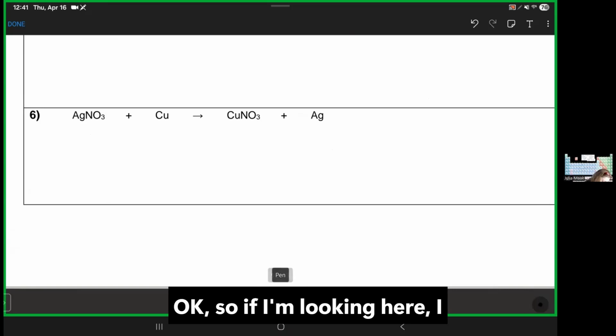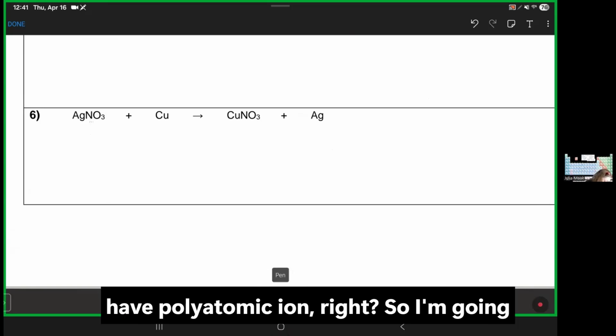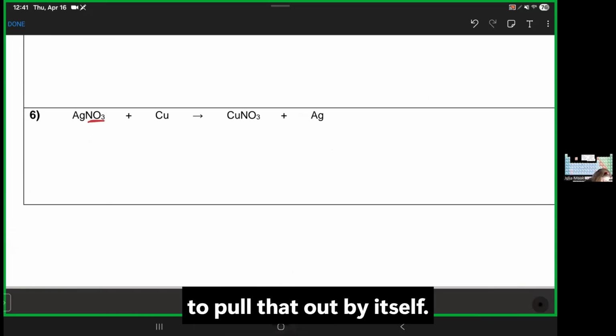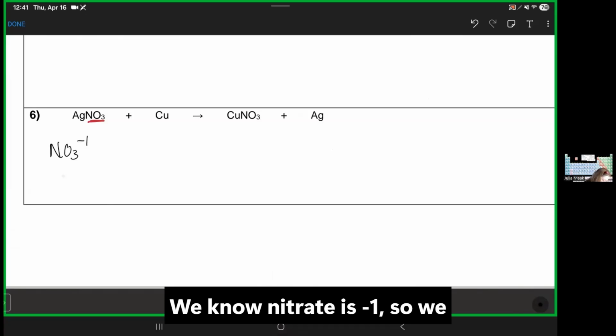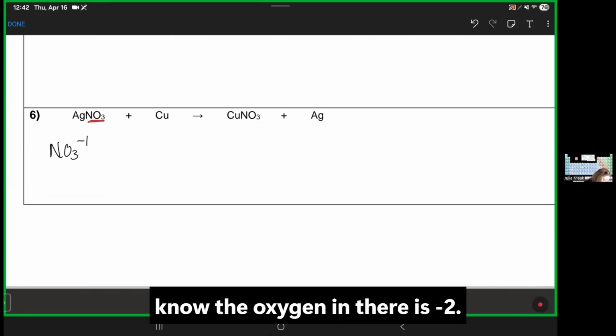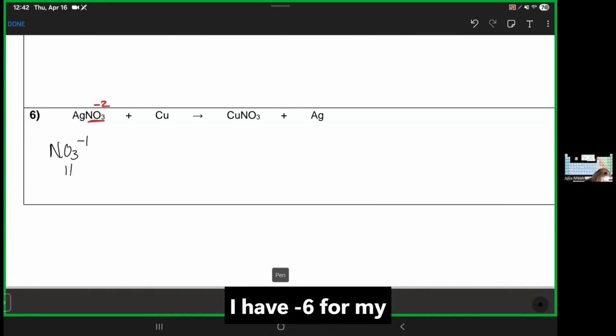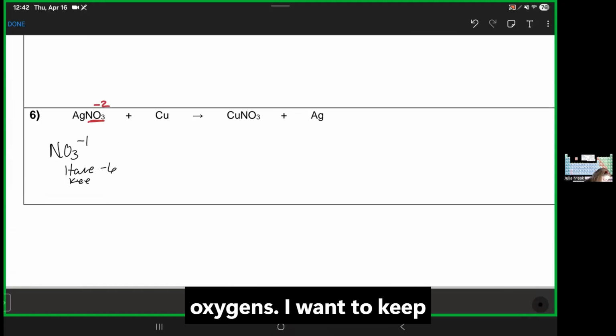Okay, so if I'm looking here, I have polyatomic ion, right? So I'm going to pull that out by itself. We know nitrate is -1. So we know the oxygen in there is -2. I have -6 for my oxygens. I want to keep one of them for the charge.